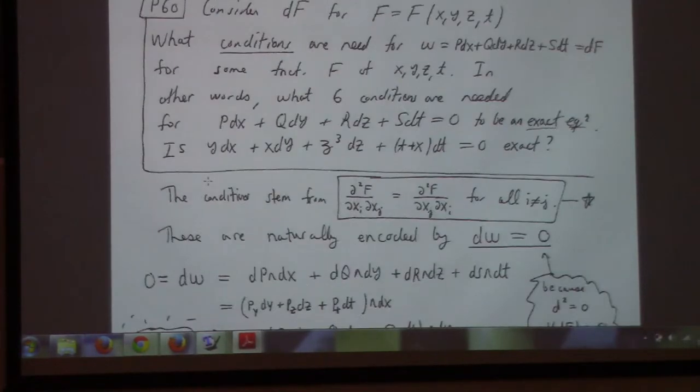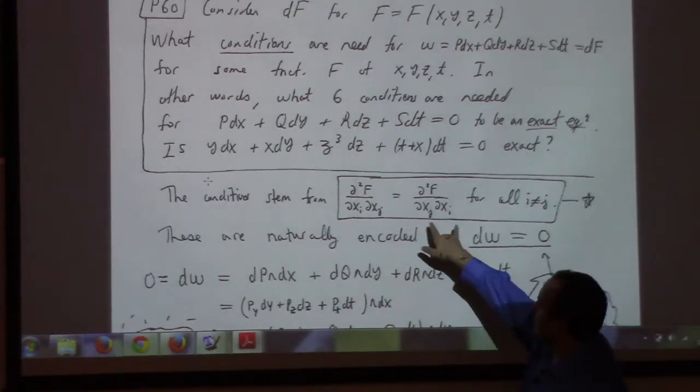So 60. The basic idea here is that the possibility or the impossibility of the differential equation being exact basically boils down to these second derivatives commuting. So those are the conditions you actually need to be wary of.